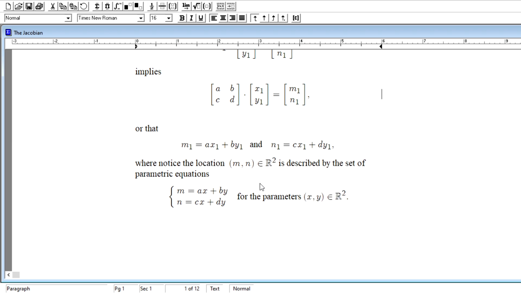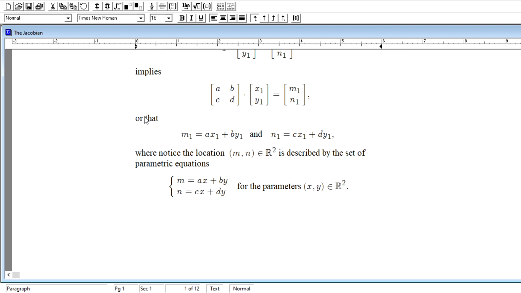or that if we think about m1 and n1 in value, and if you recall your matrix products, the way we form the values m1 and n1 with this product is this first row times this column x1, y1, where it's A times x1 and B times y1, with those two products added together to form m1.